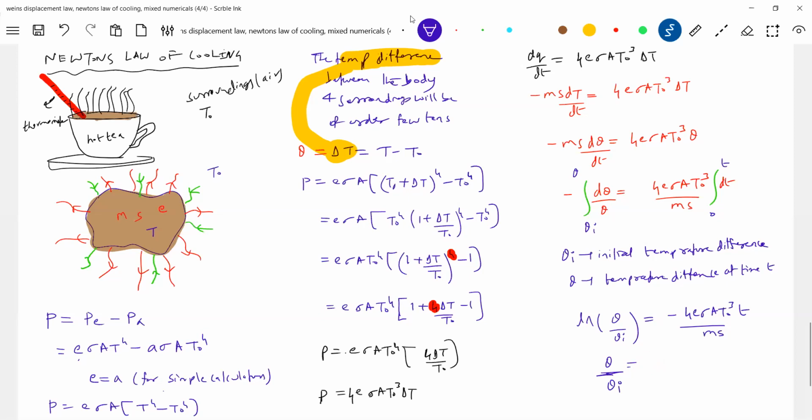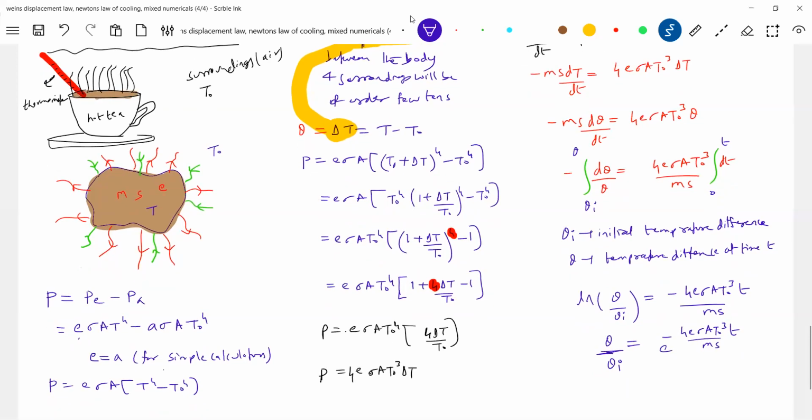Now, shall we send this log to the other side? It'll become exponential of minus 4 E sigma A by m s times t. I think we have already come across an equation like this. So the temperature difference at any time t is equal to theta I times e to the power minus alpha t. I'll write everything as alpha, where alpha equals 4 E sigma A by m s.